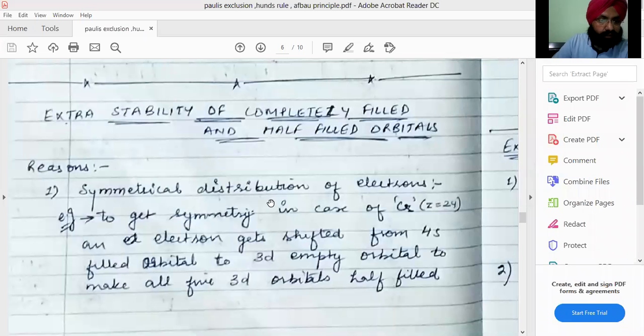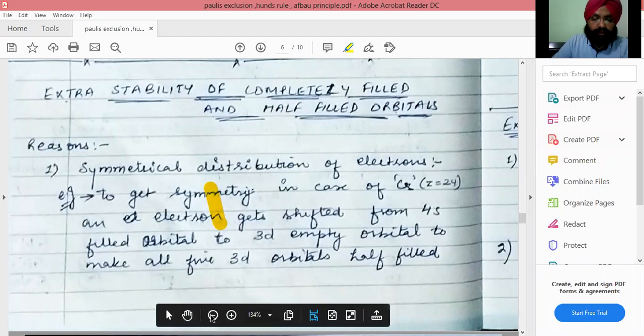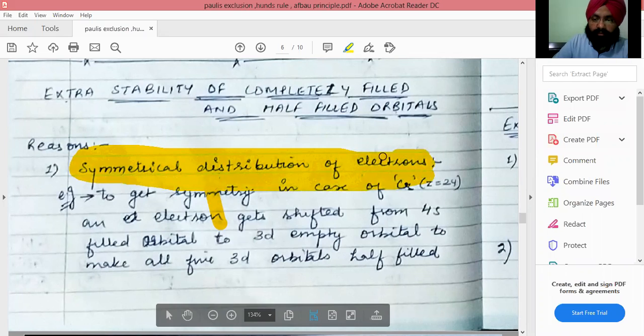Hello. Next, we'll do stability of completely filled and half-filled orbitals. So the first reason for the stability of half-filled and completely filled orbitals is symmetrical distribution of electrons. We have two exceptions in electronic configurations up to atomic number 29.